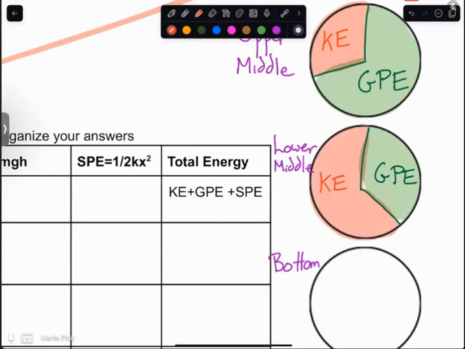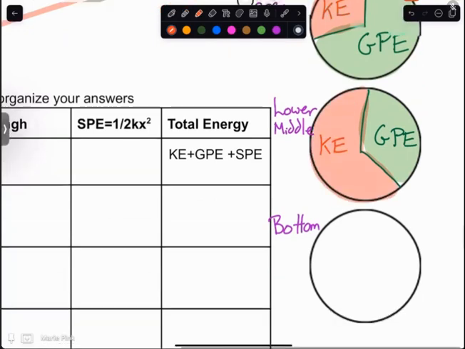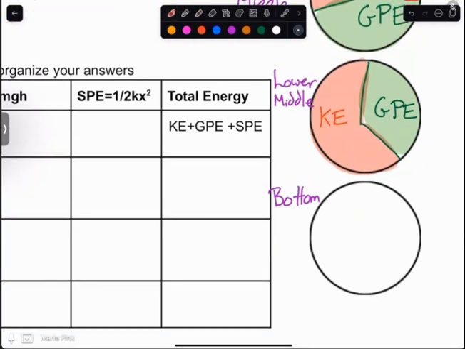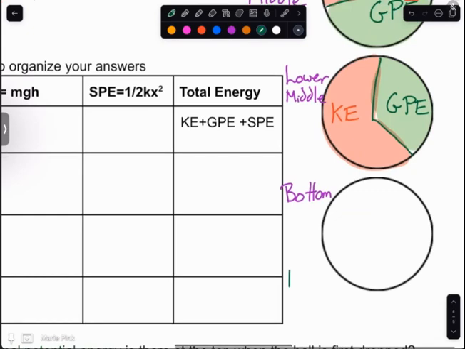All right, and then at the bottom, remember that we're calling the bottom where you have a height of zero. So your height is equal to zero. At the bottom, what is my gravitational potential energy going to be? Zero, good, because gravitational potential energy is mass times g times height.